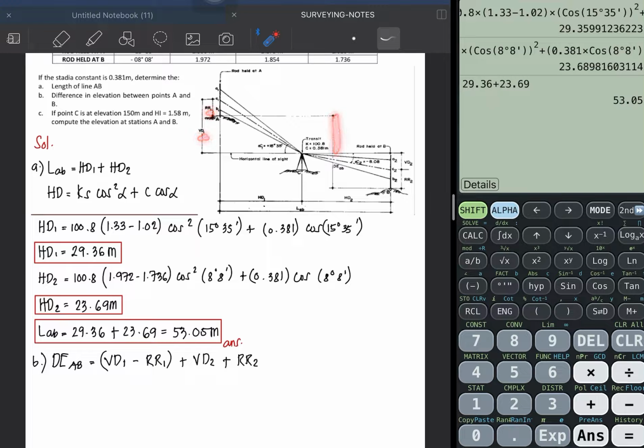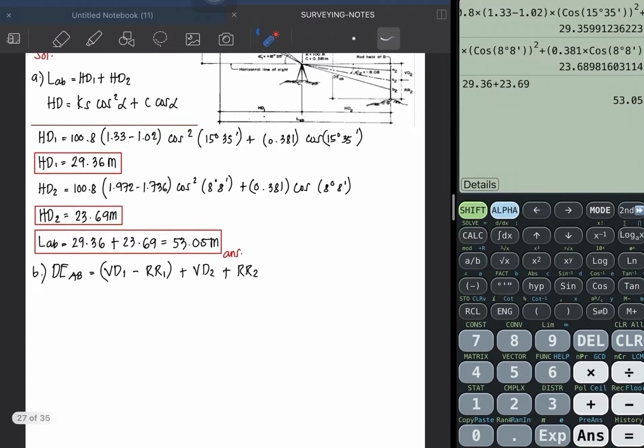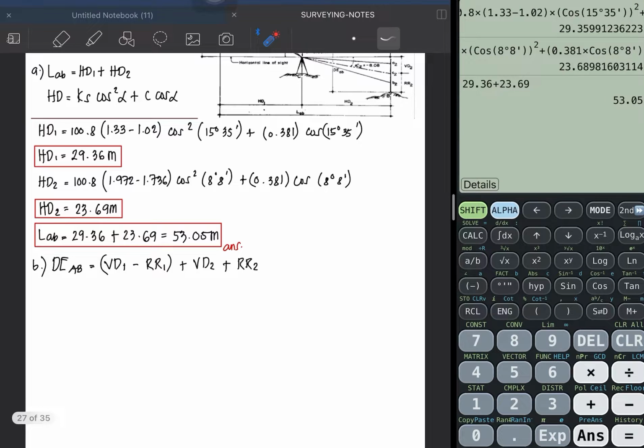So for this line, that is VD1 minus RR1, and for this line, this is VD2 plus RR2. Okay, this is from the illustration. So you need to solve for the vertical distance 1 and the vertical distance 2.